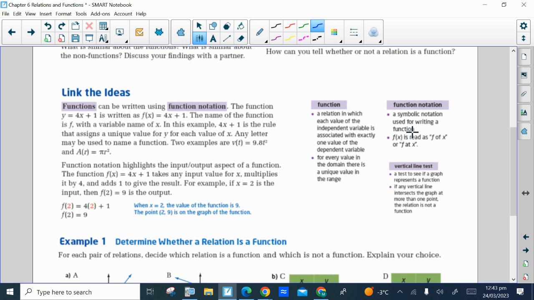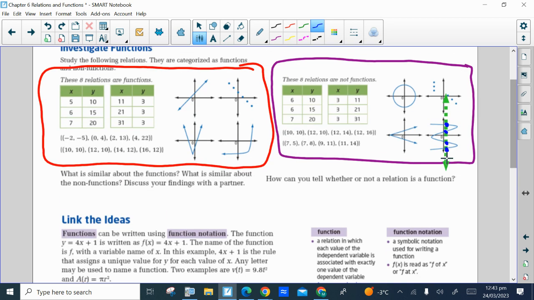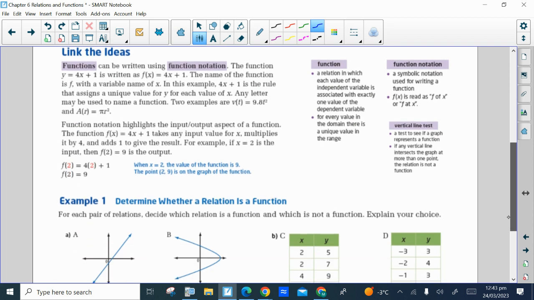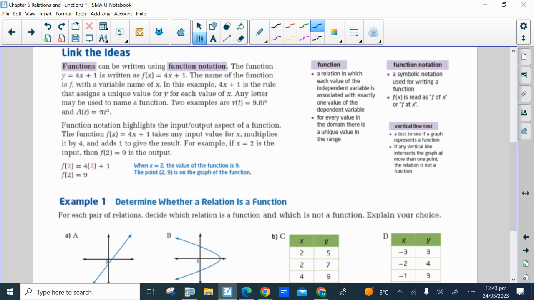Again, f(x) is read as f of x or f at x. And the vertical line test is what we did above with this vertical line that we moved all over the place. It is a test that can be used to see if a relation is a function. If any vertical line intersects the graph at more than one point, then the relation is not a function.